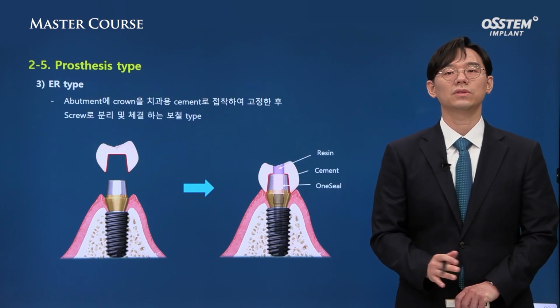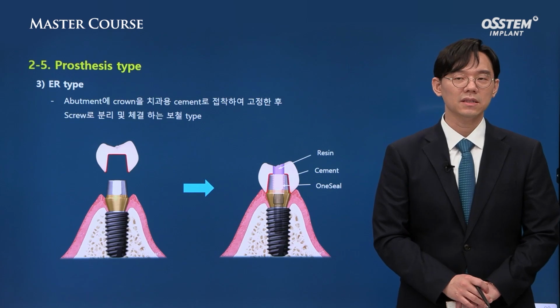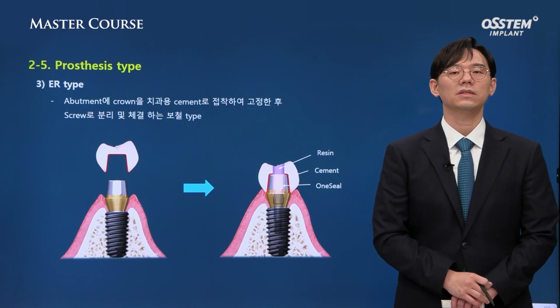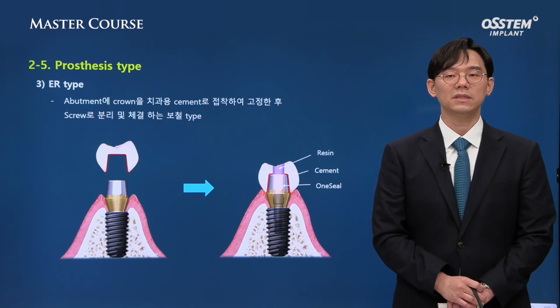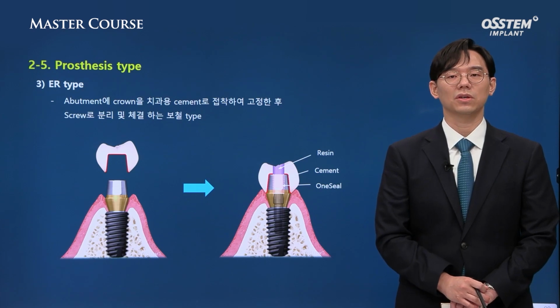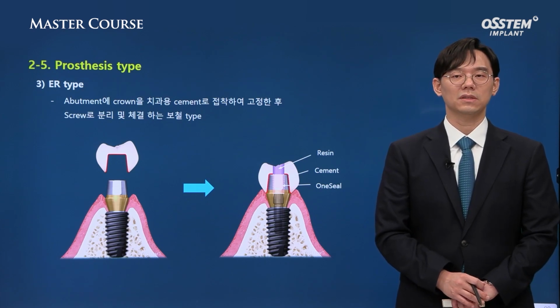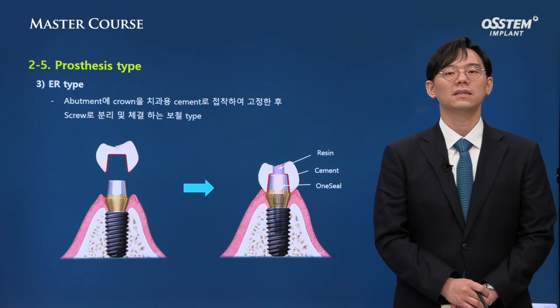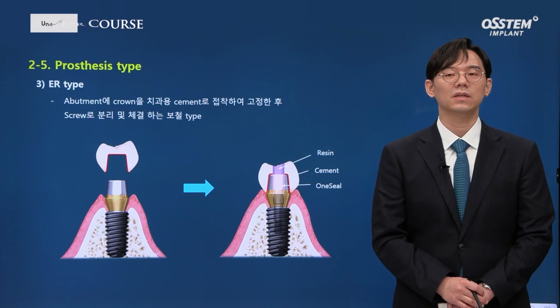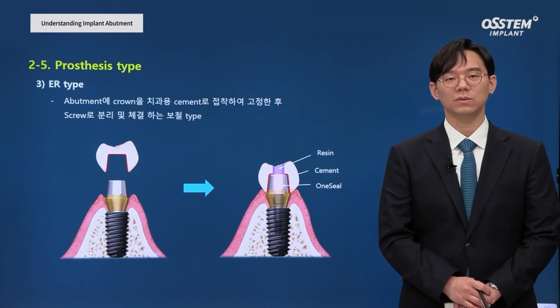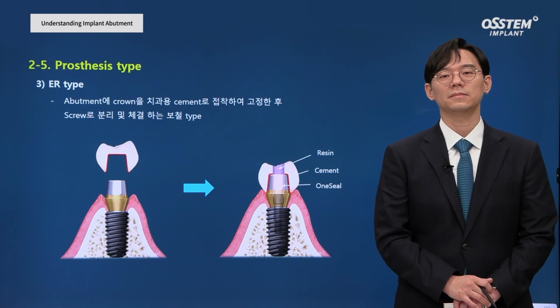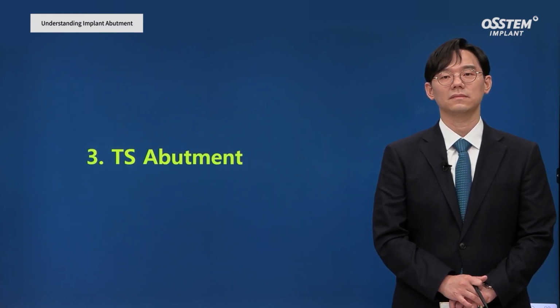As for ER-type prosthesis, on top of the prosthesis, there's already screw access hole. The cementation process is similar to cement type. You connect the abutment first and then you cement the crown. Just like screw type, then you use one seal and resin for sealing on the screw hole.